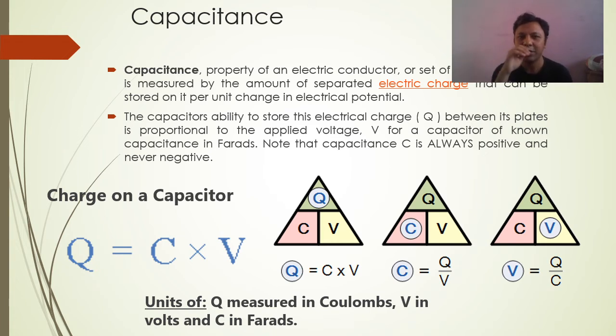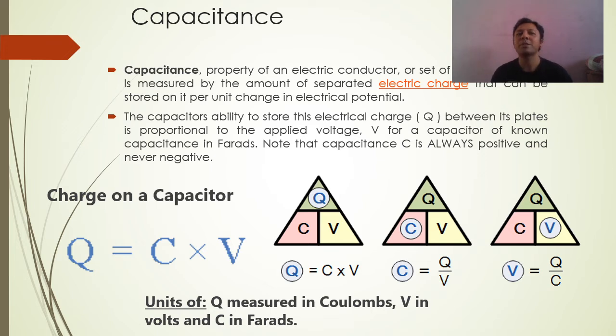In another way, we can say the ability of a capacitor to store charge between the plates is defined by capacitance. So the charge of a capacitor follows the equation Q equals C times V: whatever voltage is applied between these two plates, it determines how much electric charge is stored.